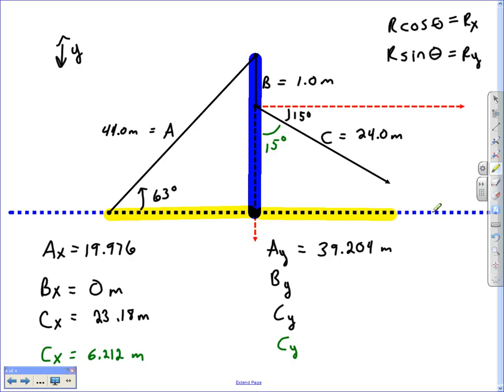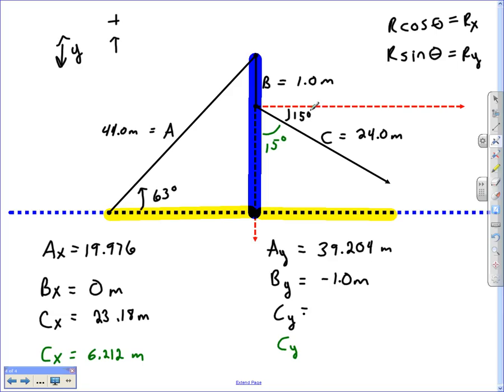Now, if I analyze BY, I had to define a coordinate system. This is positive in the up direction, so any motion down is going to be negative. BY was a distance of 1 meter, but it should have been a negative 1.0 meters as a component vector. CY was also in the down direction.